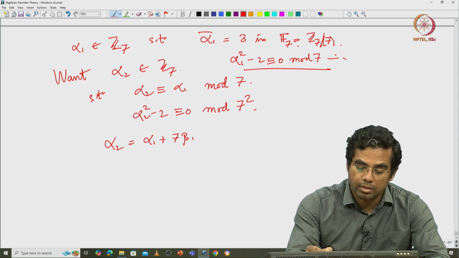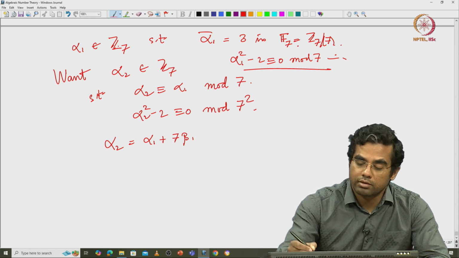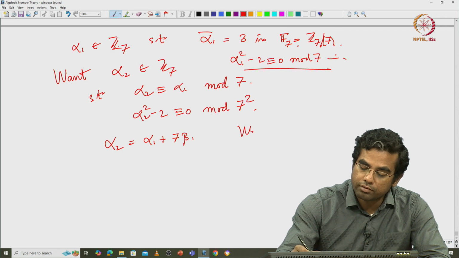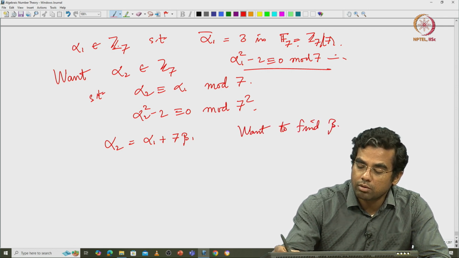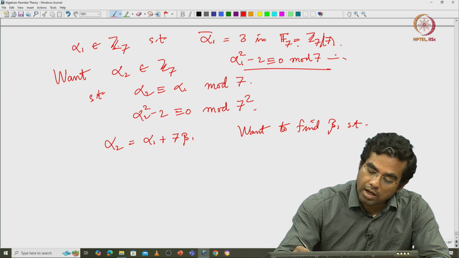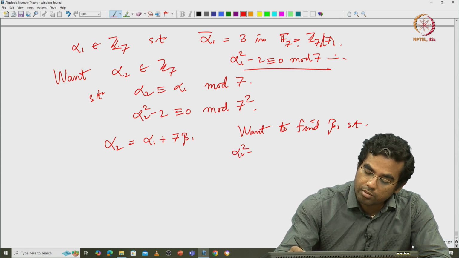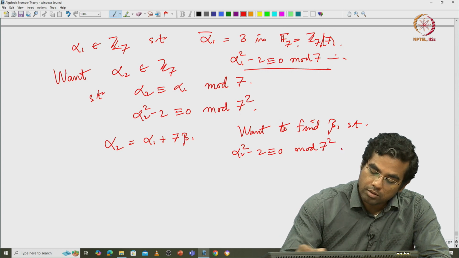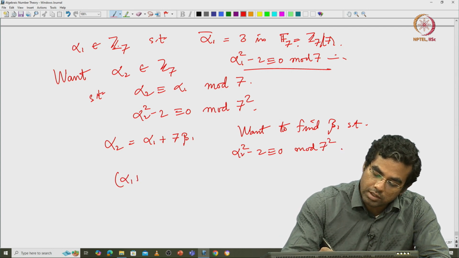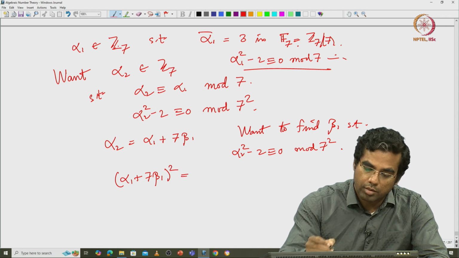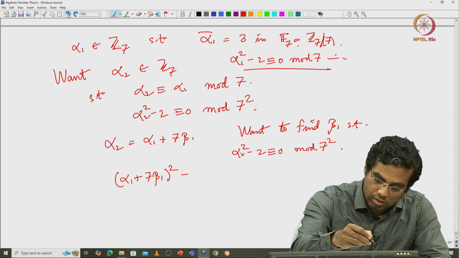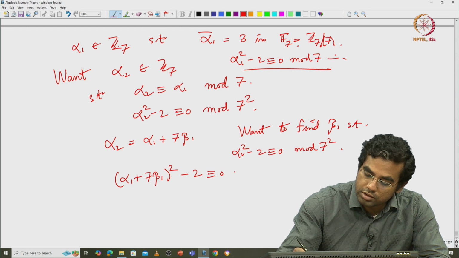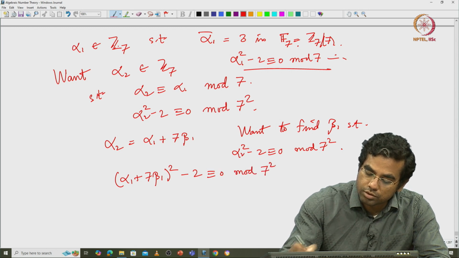I do not know what beta 1 is. So, I want to find beta 1 such that alpha 2 squared minus 2 is congruent to 0 mod 7 squared. I rewrite this as alpha 1 plus 7 beta 1 squared minus 2 is congruent to 0 mod 7 squared.